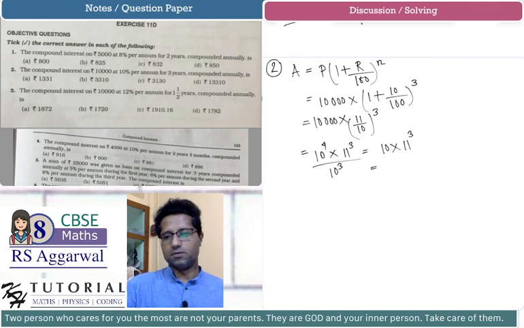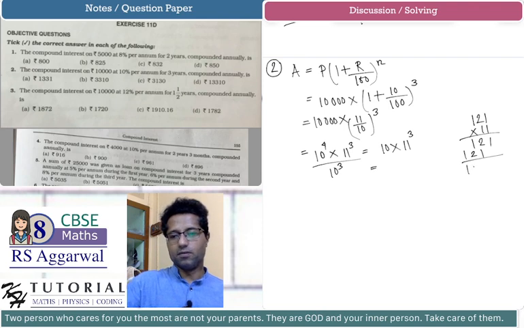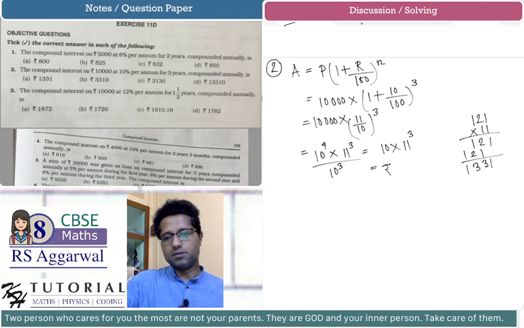This is the amount. So what is 11 cube? 121 is 11 square, and then we will multiply again by 11. It is better that you remember that 11 cube is 1331. So this is rupees 13,310, the amount.